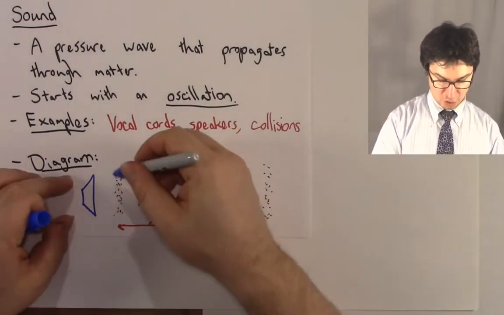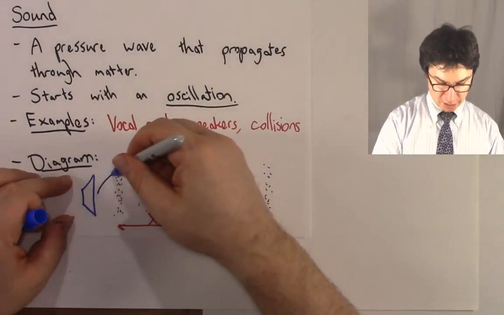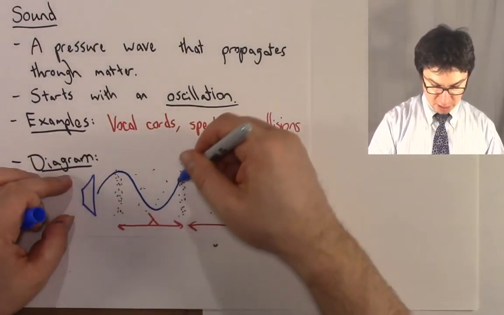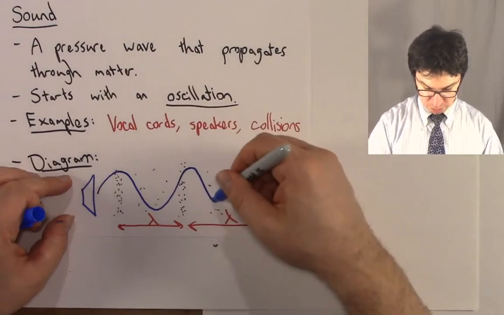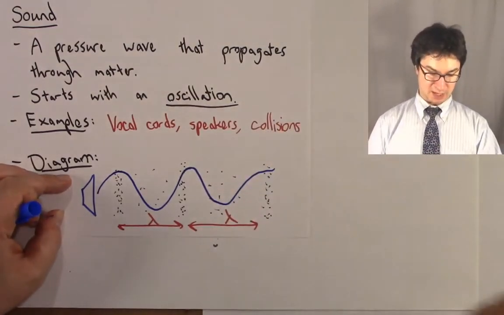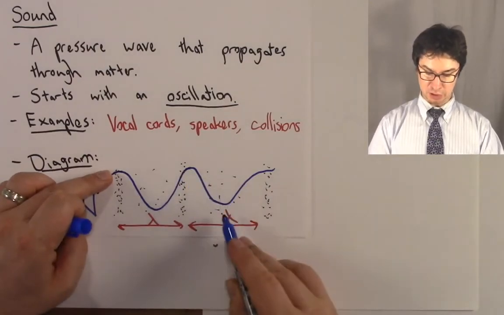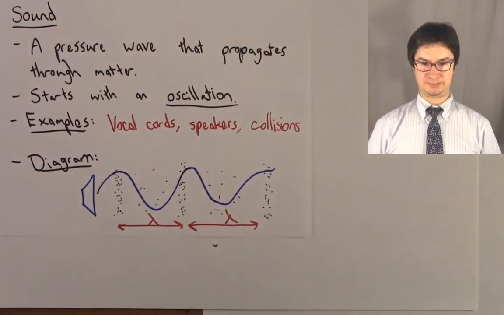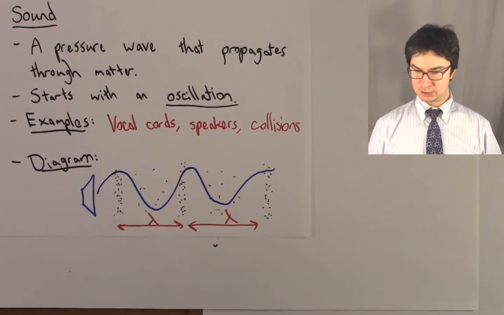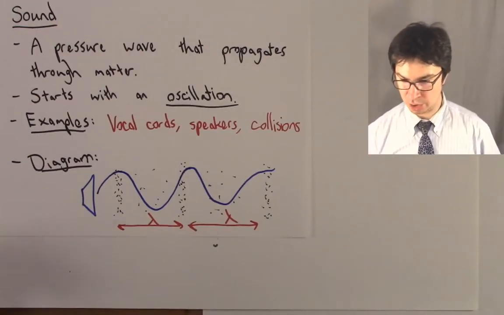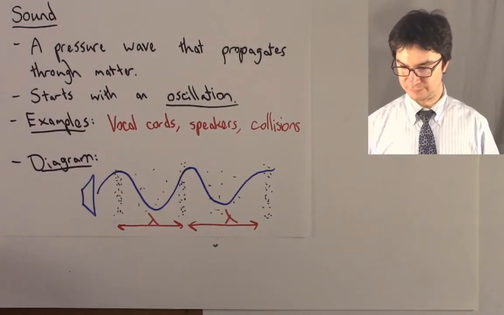So for this wave, we start out with high pressure here, then we go to low pressure, high pressure, low pressure, and then high pressure. Okay? So this would be a high pressure region, low pressure region, high pressure region, low pressure region, high pressure region, right? Okay, very nice. We have sketched our own sound wave.